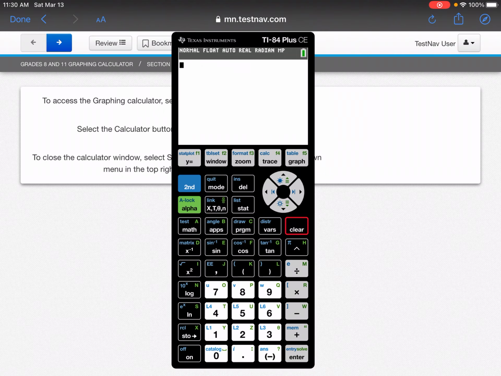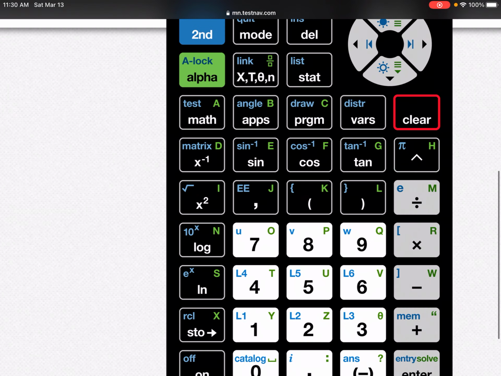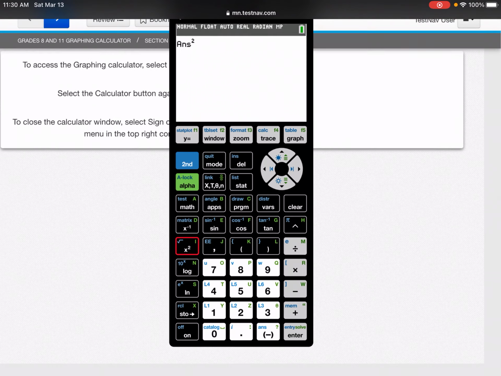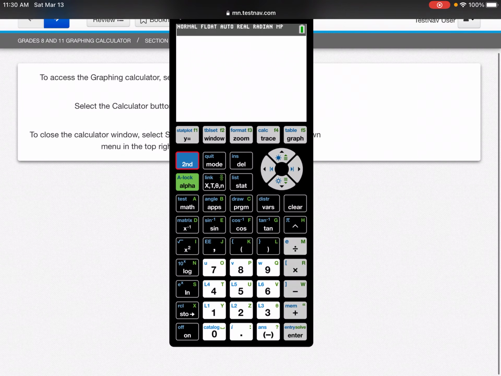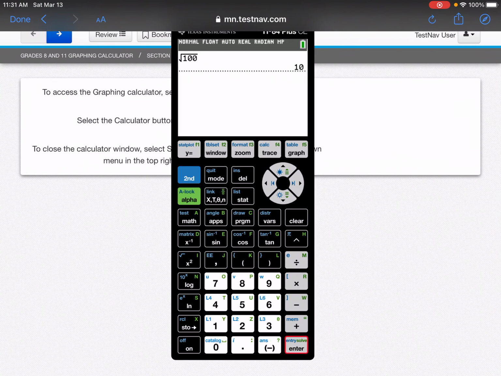You'll notice it's in blue right above that. It has a little square root symbol on this button here. So in order to get that, I have to press the blue second button. So I'm going to go second and then hit that, and then I would type in 100. And now your calculator will only show you the positive version. You need to remember that there's two answers there, okay? All right.